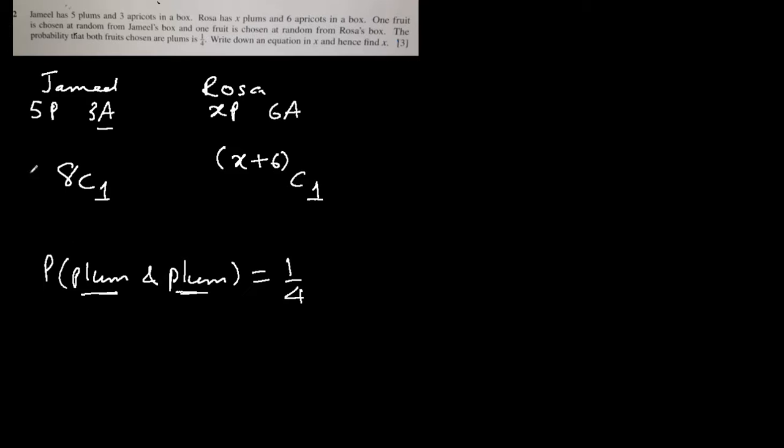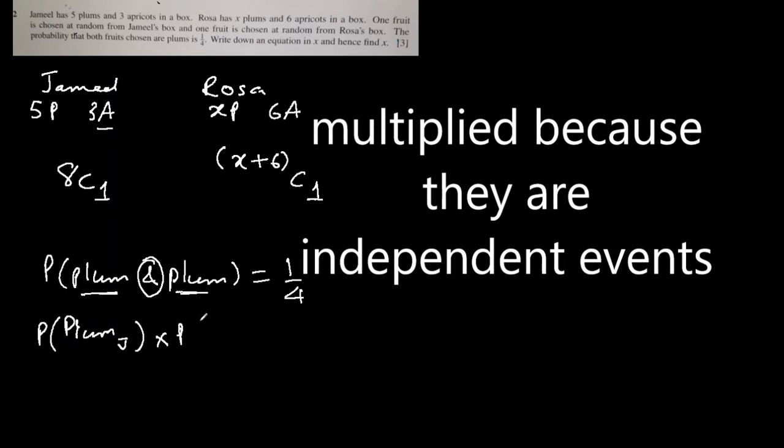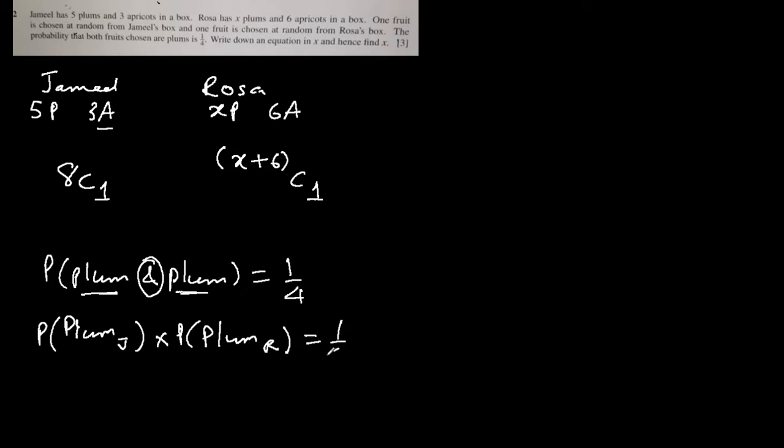All right. Because there's 'and', it will become probability of plum from Jamil's box multiplied by probability of plum from Rosa's box is 1/4.